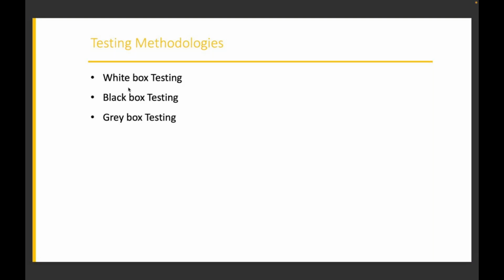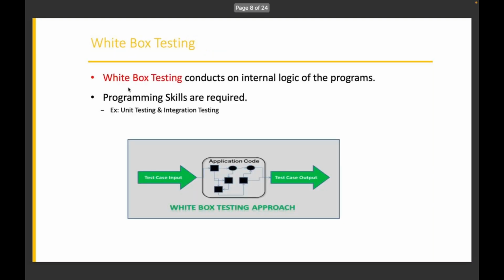White box is like a transparent logic, wherein you can consider a transparent, crystal clear cubicle, wherein you are able to see what is present inside. So with obviously simple logic, you are aware about the functional code. When I say code, guys, code can be in any language.